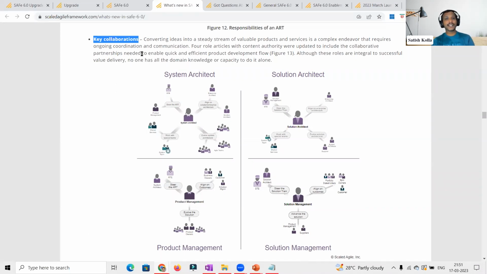That's the reason it is clearly articulated for each and every role whom they need to collaborate with. What are the key collaborations for the architects at the system level or solution level, or the product management or the solution management, because they are the ones who will be driving the execution or the implementation.